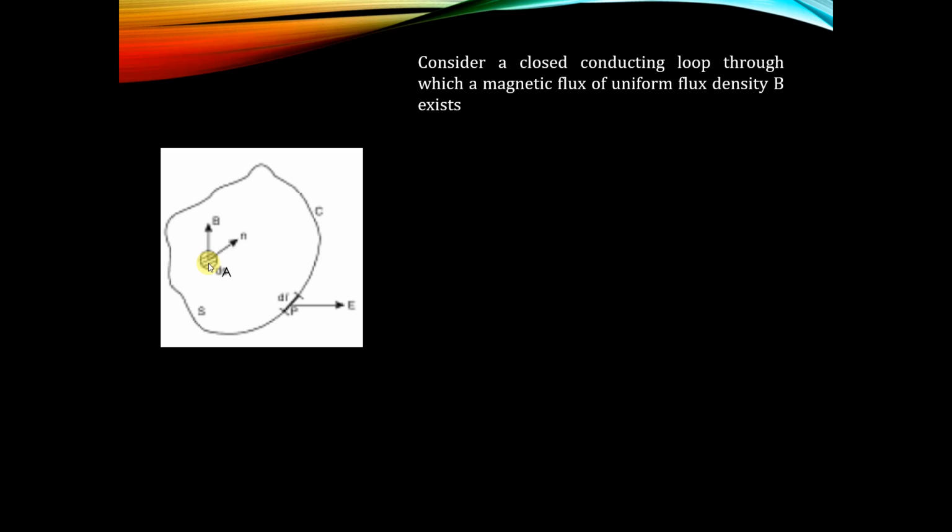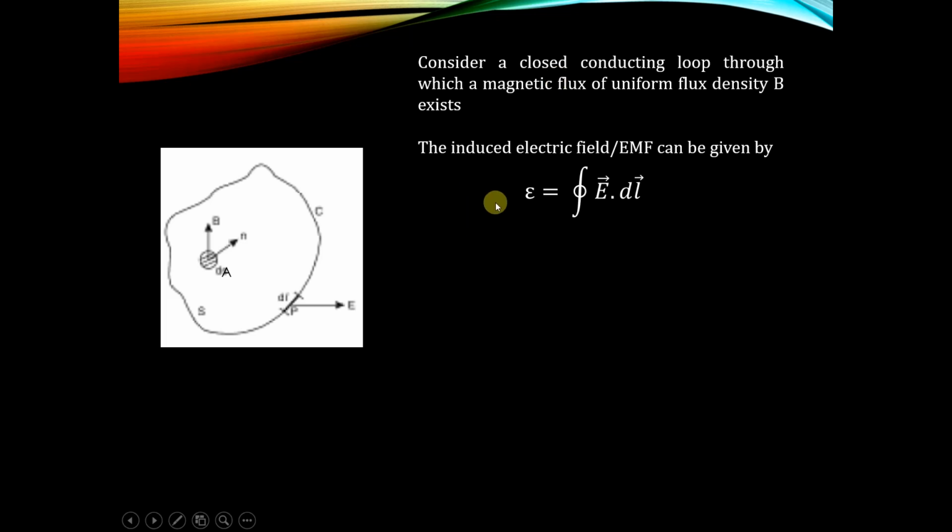So suppose the surface has a magnetic flux which is uniform, then we can write the induced EMF as epsilon is equal to closed integral E dot dl. So we are considering this electric field vector and the elemental line dl.